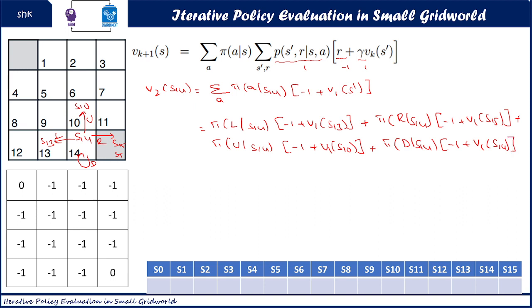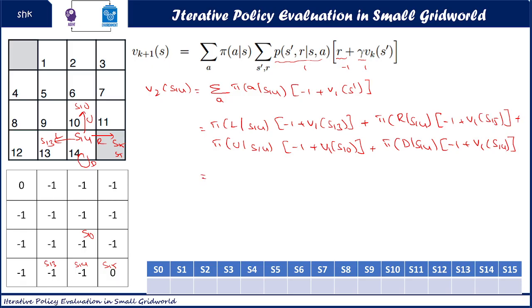So for finding the value function for S14, V1 of S13 is required, V1 of S15 is required, V1 of S10 is required, and V1 of S14 is required.